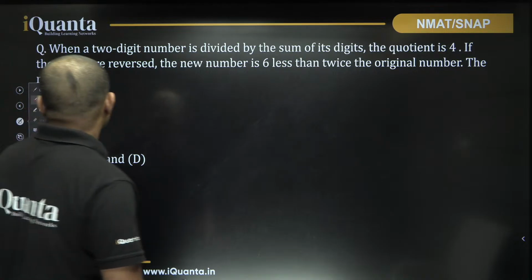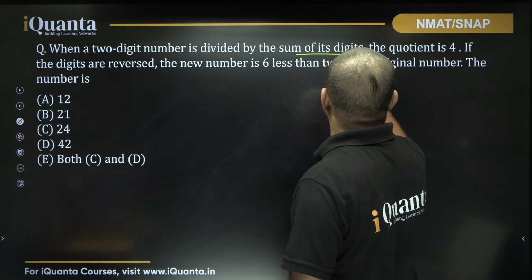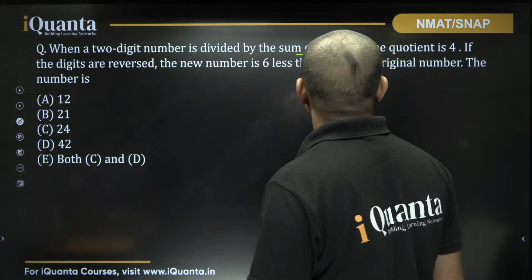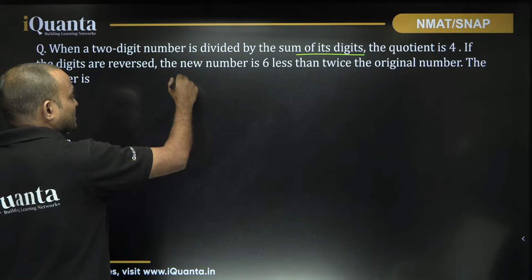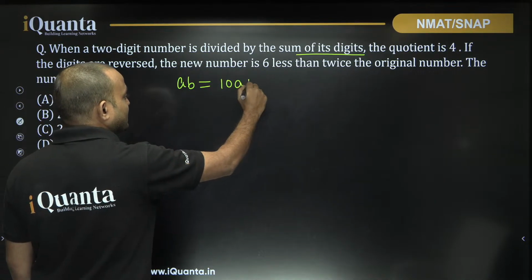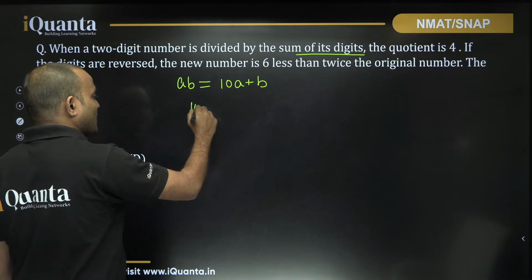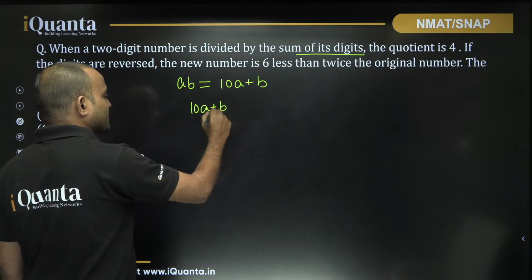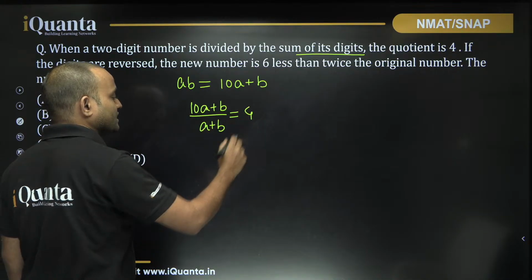So this one, it says when a 2-digit number is divided by the sum of its digits, the quotient is 4. What does that mean? That when a 2-digit number, if I take that 2-digit number AB, then I can expand it and write it as 10A plus B. And when 10A plus B is divided by the sum of the digits, we are getting 4.